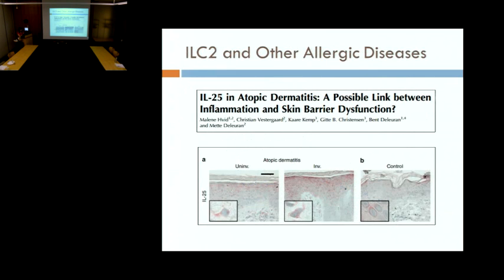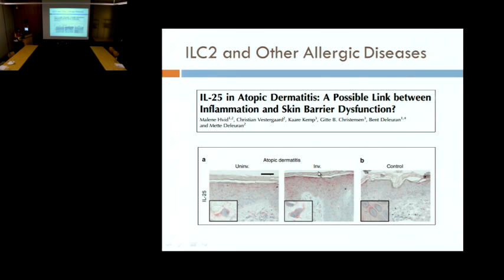If you go back to the skin slide, you showed the uninvolved skin and involved skin and then a control. Where exactly is the staining for IL-25? Is it just in that little block? Oh no, it's the red parts. I don't see any red. It looks like the uninvolved skin and the involved skin are similar, except there are more inflammatory cells at the surface of the involved skin. But the control doesn't have that second band like the other two do.